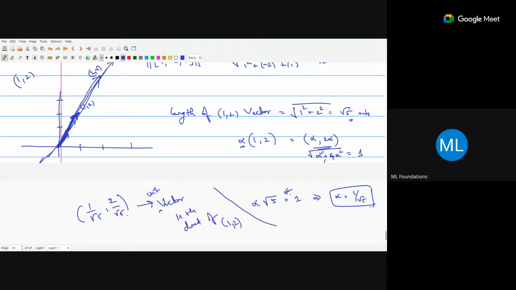The point 1 comma 2 will be somewhere here, and this is 1 by root 5 comma 2 by root 5. The unit vector is this, and it will also be in the same direction. Getting this or confused? Get it, sir.